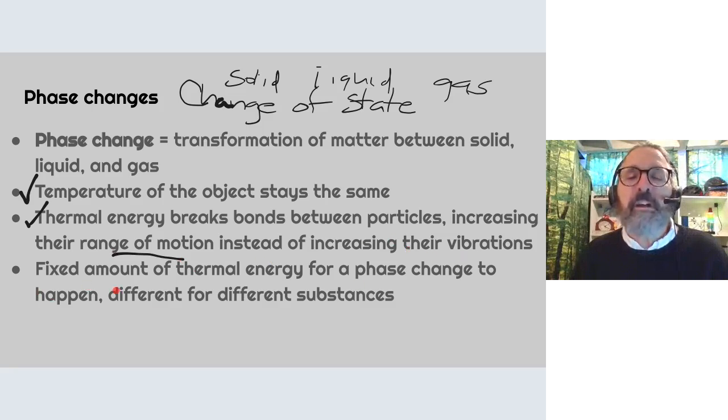A fixed amount of thermal energy is needed for the phase change to happen, and it's different for different substances. Water boils at 100 degrees Celsius, but other things will melt or boil at different temperatures, which makes sense.